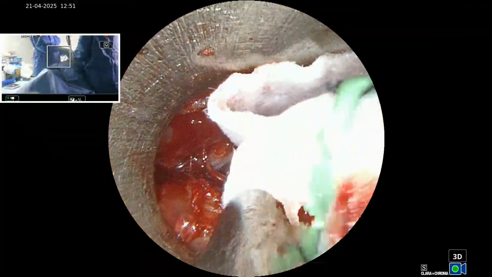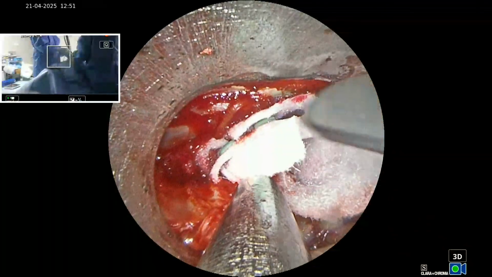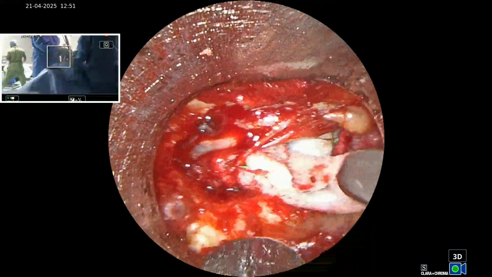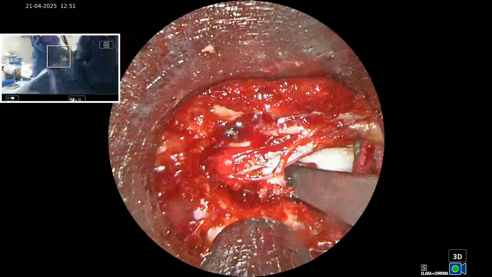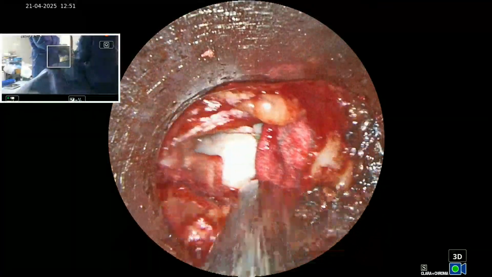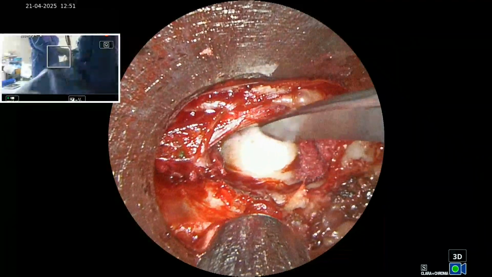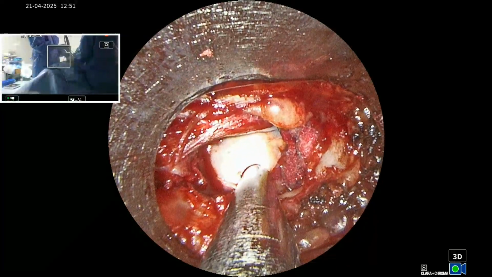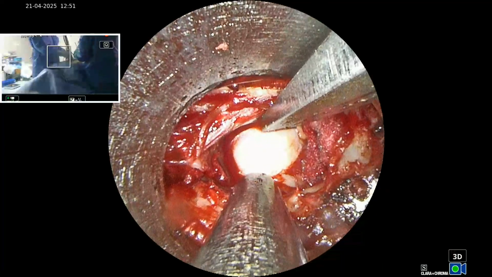Right. Now we are putting the caudal patty anterior to the nerve root. The nerve root is posteromedial. We got sufficient space laterally to the disc. Remove the disc coming. There.